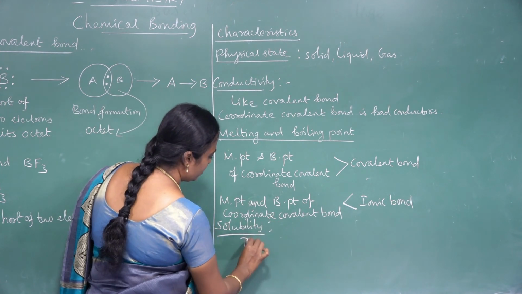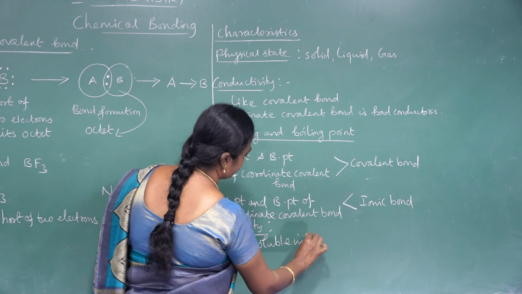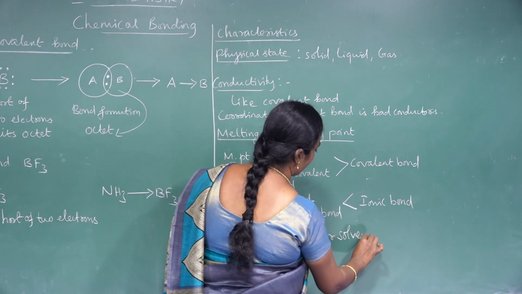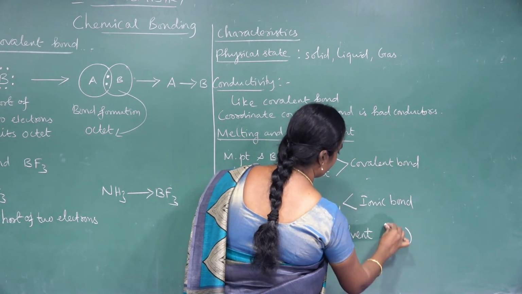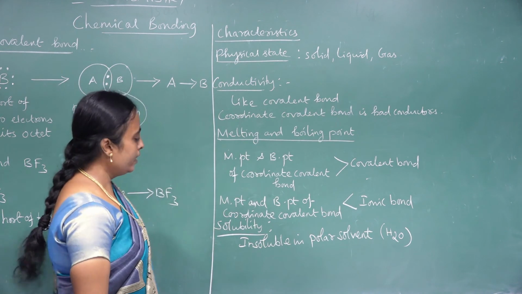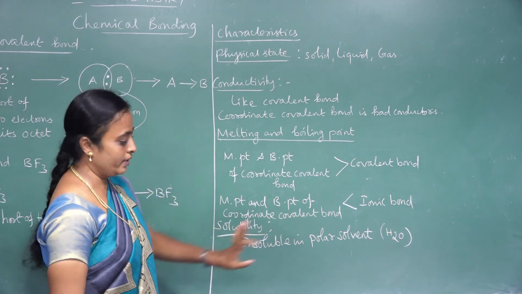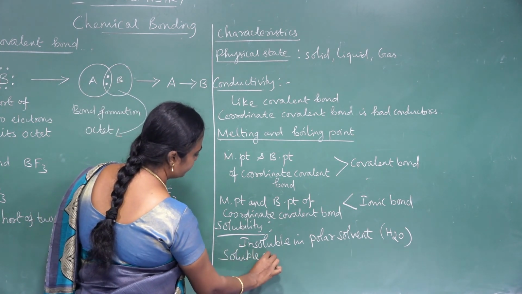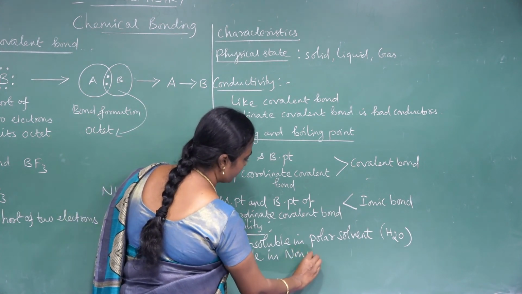Usually for polar solvent we can take water as a good example. But coordinate covalent compounds are insoluble in polar solvent but soluble in non-polar solvent.